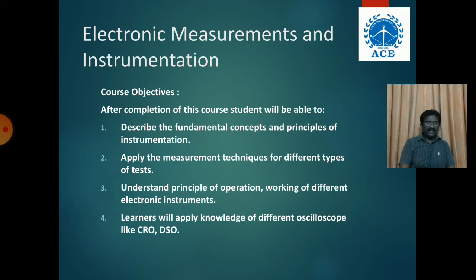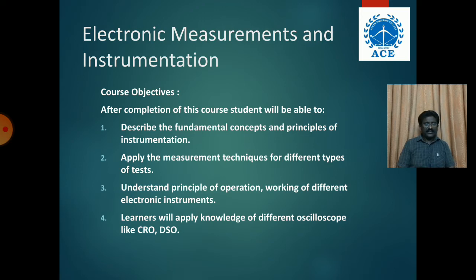In the same way I will explain the course objectives also. After completion of this course, the student will be able to describe the fundamental concepts and principles of instrumentation, apply the measurement techniques for different types of tests, and understand the principle of operation and working of different electronic instruments.